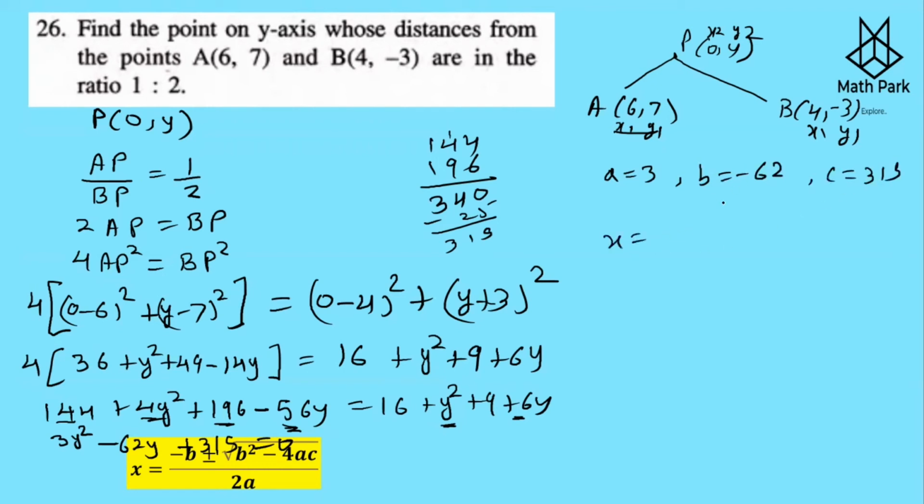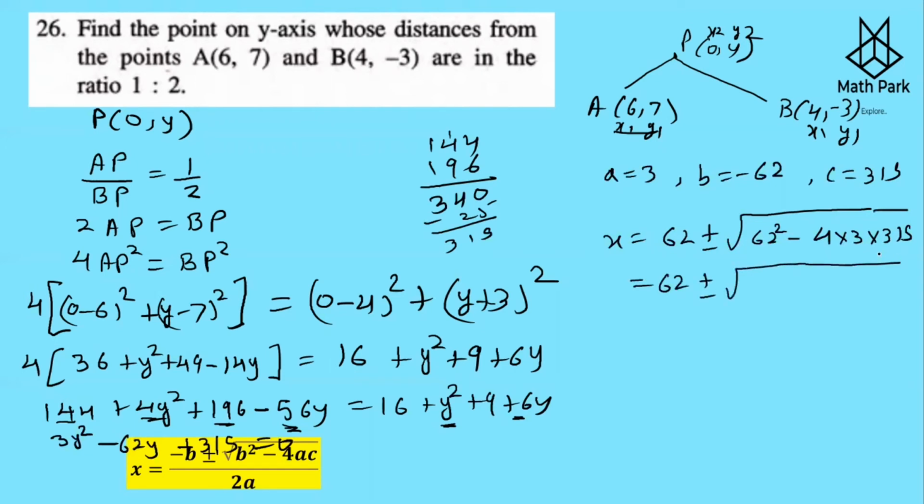So let us put in the formula x is equal to minus b. So minus of minus 62 is going to be 62 plus or minus square root of b square, that is 62 square minus 4ac, 4 into 3 into 315. Let us simplify this further. When we do 62 square, we get 3844.